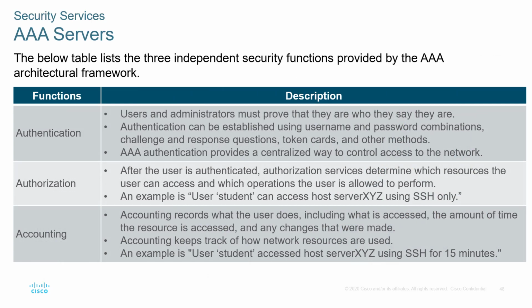We have our AAA services: authentication, authorization, and accounting. Authentication is verifying that you are who you say you are. Authorization is verifying the permissions that you have. You walk into a bank. How does the bank know that you are you? You, the individual, have an ATM card and a PIN number.